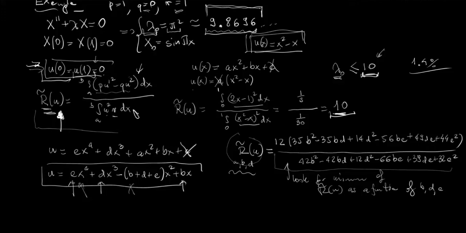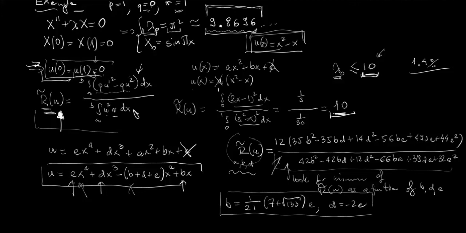One has to calculate the gradient of this function, equate it to 0, and find e, b, d, and it turns out that there is precisely one minimum there: b equals 1 divided by 21 times (7 plus square root of 133) e, and d equals minus 2e. So I claim that this function is a minimum when b and d have these values related to e.